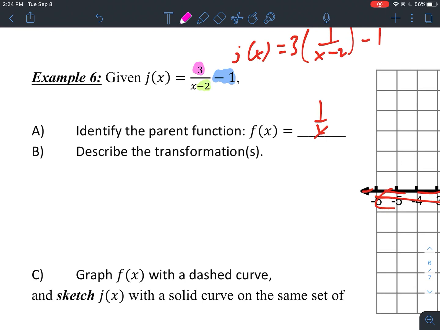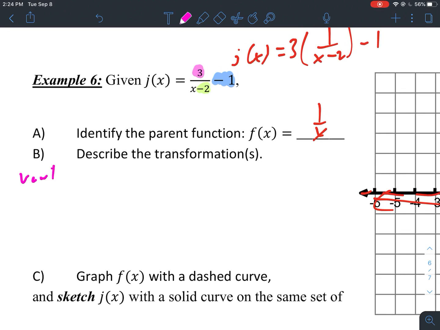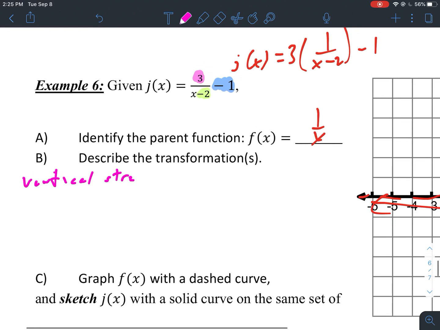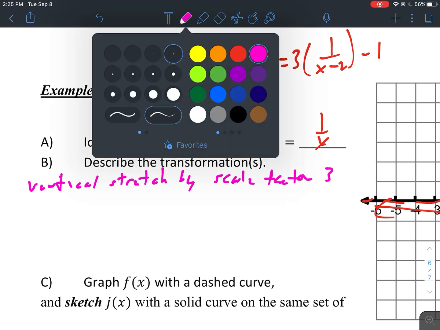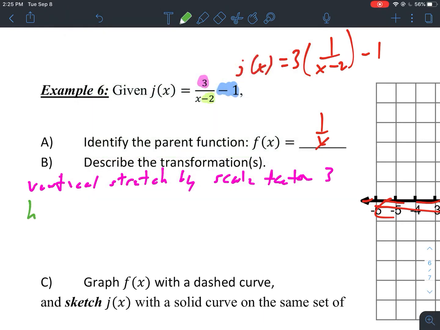All right, 3 transformations. The first one, not in any order, but the pink one that I see there is a vertical stretch by scale factor 3. The green one is a horizontal translation. How do I know it's horizontal?